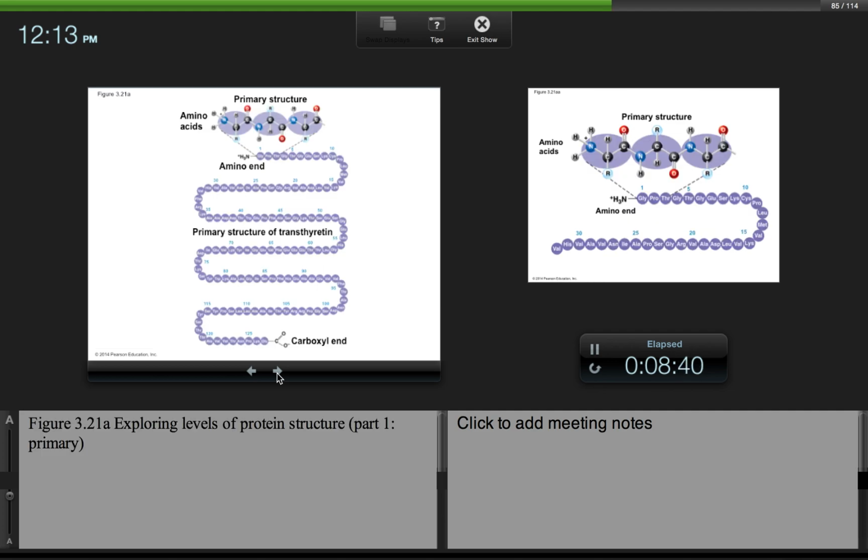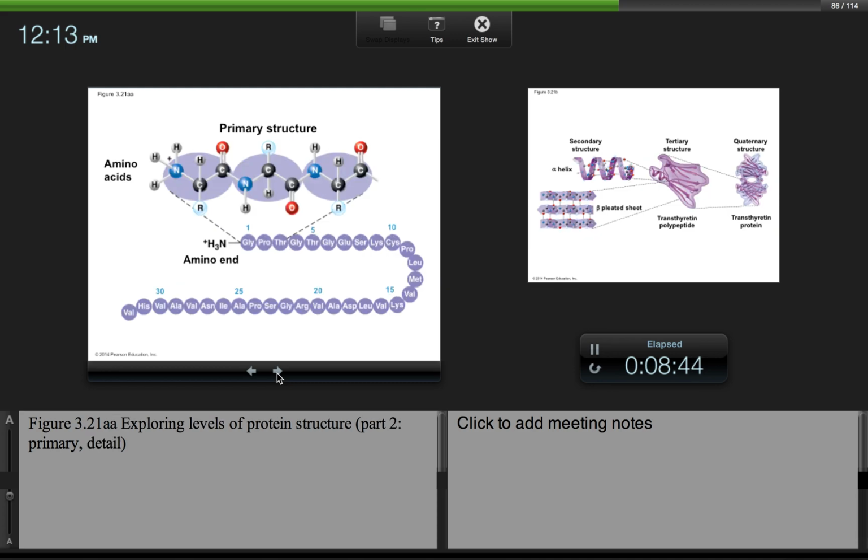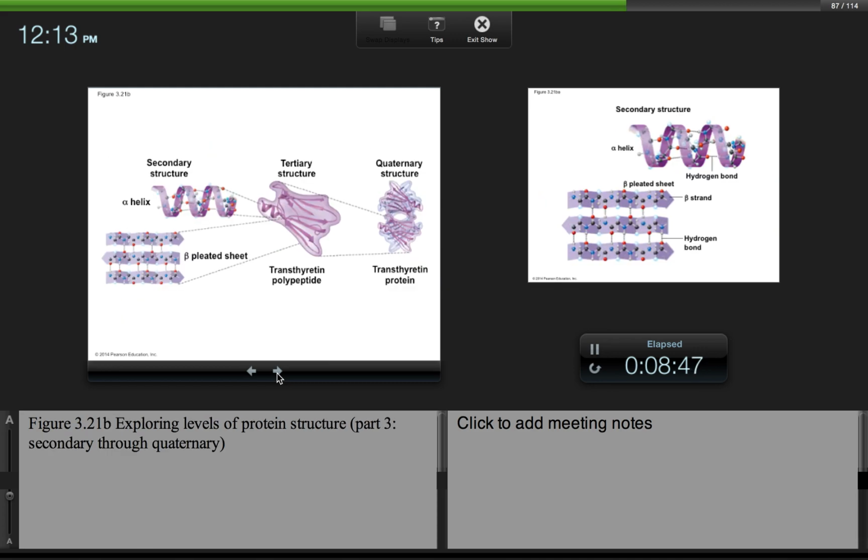So here's the primary structure. It's just the sequence of amino acids from the beginning to the end. Here's your secondary structure, which results from hydrogen bonds of the backbones of your amino acids, which leads to either alpha helices or beta pleated sheets, both of which can be found in the same protein or polypeptide.